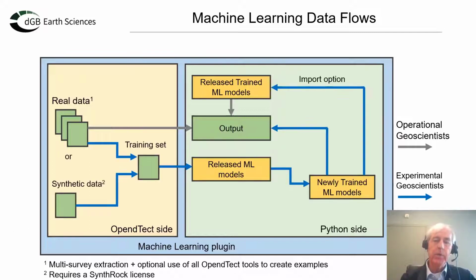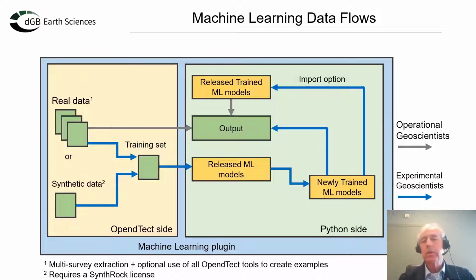And then we built the same system for experimental geoscientists, who could use the system, which consists of the OpenTect part, which is the seismic interpretation environment, and the Python side, which is the research code side, where you can actually apply these machine learning models and build them.